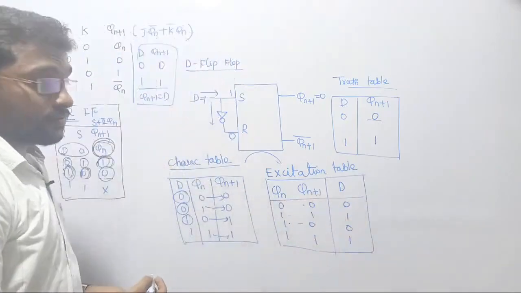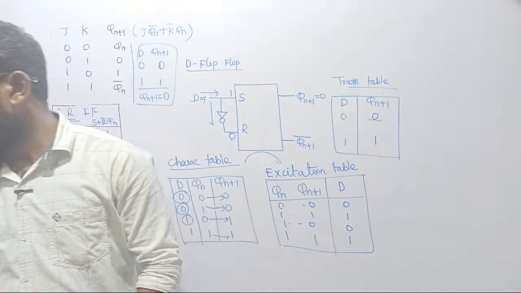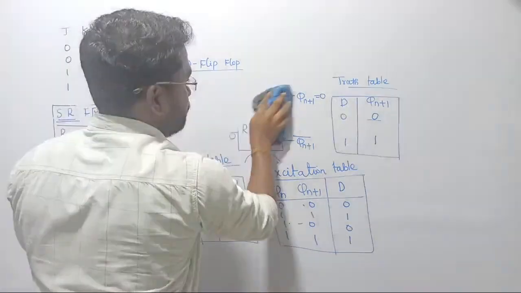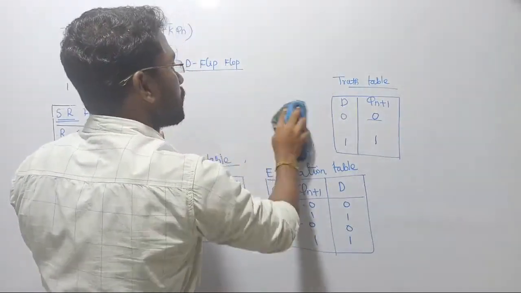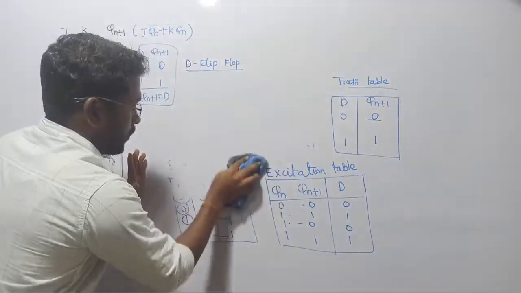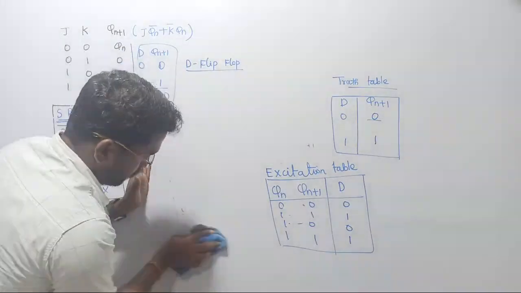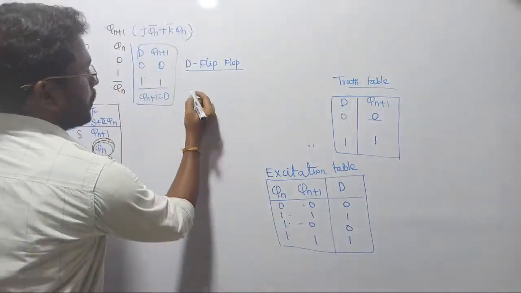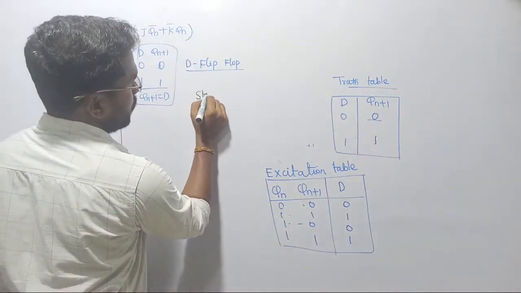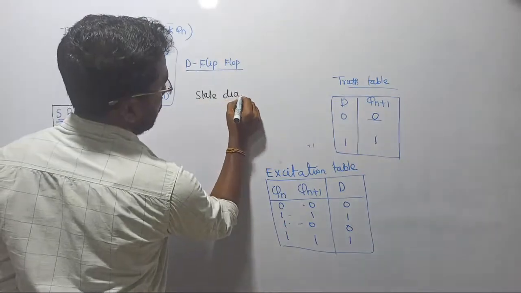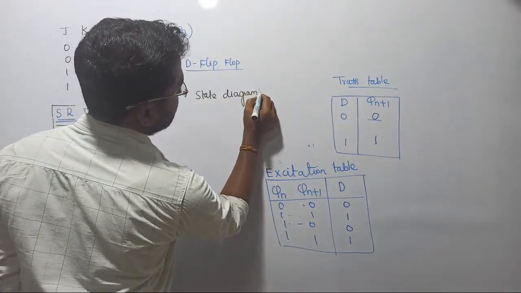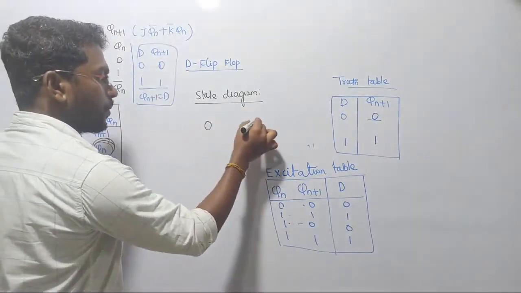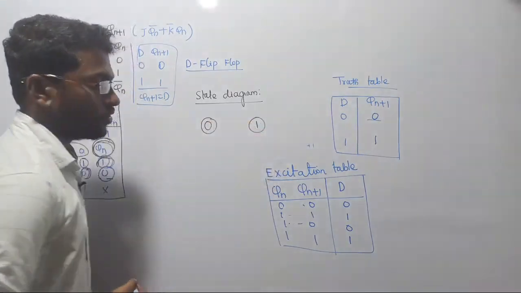Okay, fine. At last, what do we have to design? We have to design the state diagram, right? That is the final step that we need to do. See, once again we are considering a single flip-flop. So there are single bits 0 1.